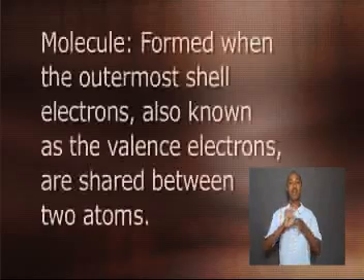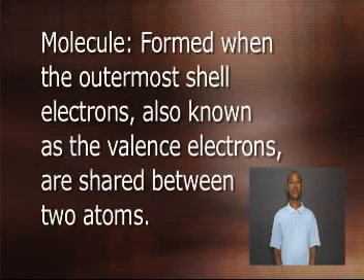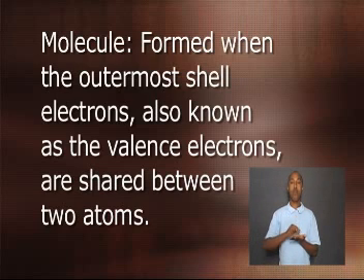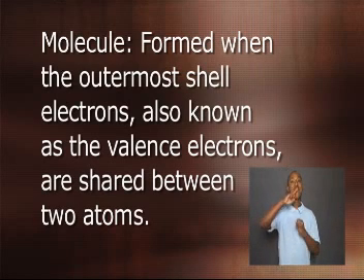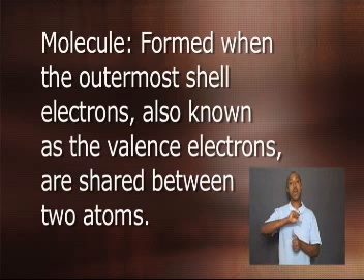In today's lesson, we will define covalent bonding. We will also describe the formation of a covalent bond. A lot of molecules are formed when the outermost shell electrons, also known as the valence electrons, are shared between two atoms.